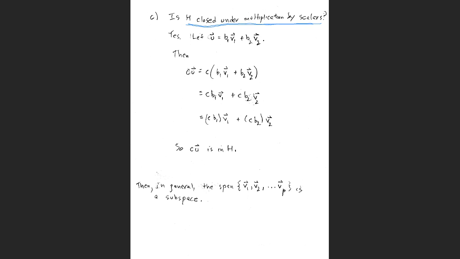What I'm going to do is let my vector u be equal to b1 v1 plus b2 v2. So that vector u is in my space H, in the span of v1 and v2. I'm going to take that vector u and multiply it by a constant.